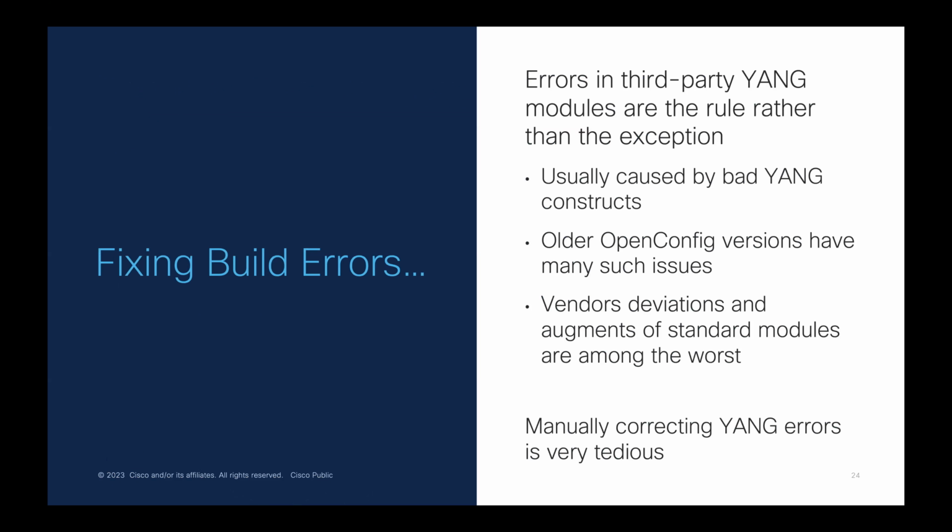It's usually caused by bad YANG constructs, for example, bad XPath statements or a missing prefix or something like that. And this applies to OpenConfig as well as other standard YANG module families and also native vendor modules. And it's especially frequent in older versions of the modules.